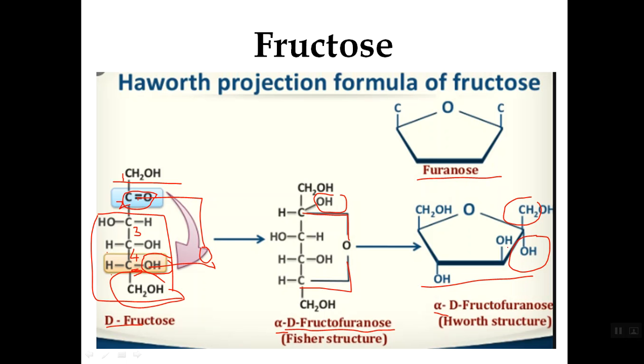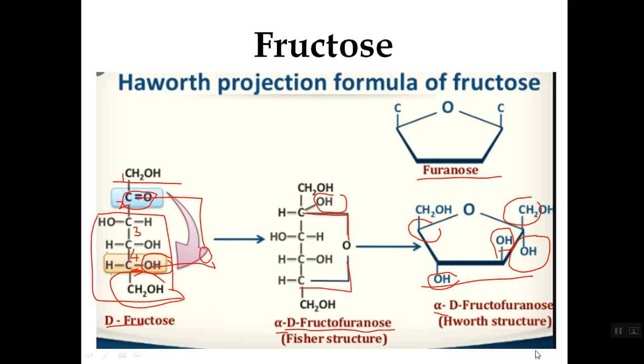Then at C3 you have the OH towards the left side, that's why it is placed above the ring in the Haworth structure. Then you have the OH towards the right side, that's why we have the OH downward. And at the C5 carbon atom, you have CH2OH. So this is the structure of alpha-D-fructofuranose.